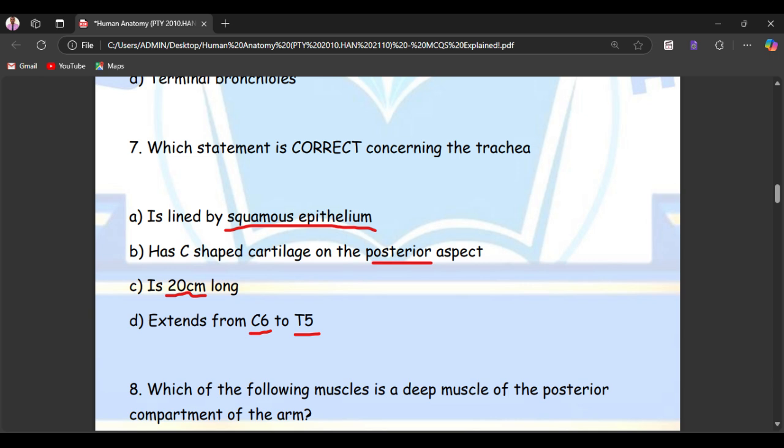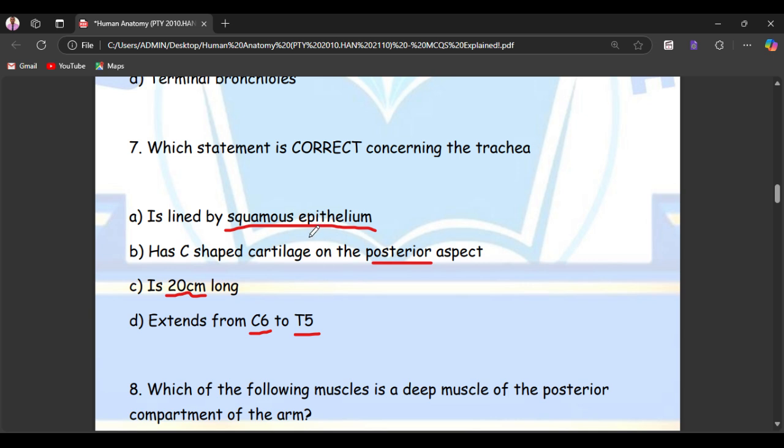Then option D says the trachea extends from C6 to T5. This statement is very much correct. In the cervical part, the trachea starts at the inferior border of the cricoid cartilage, which is at the level of the sixth cervical vertebra. In the thoracic part, it starts at the superior thoracic aperture and ends at the tracheal bifurcation, usually at the level of T5.